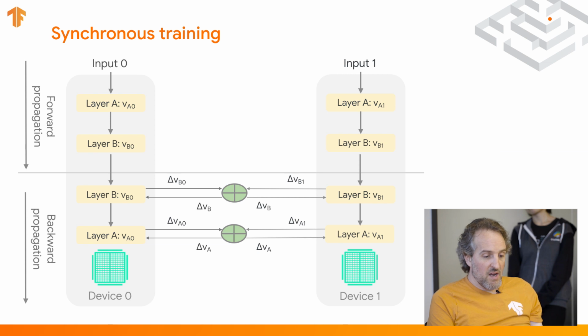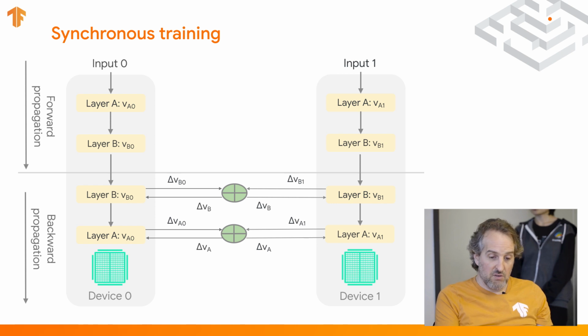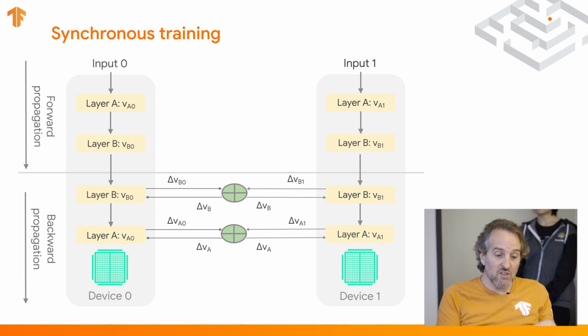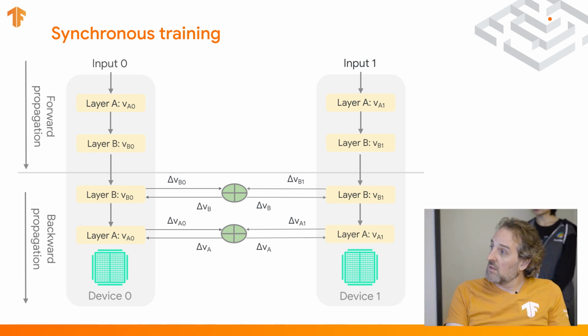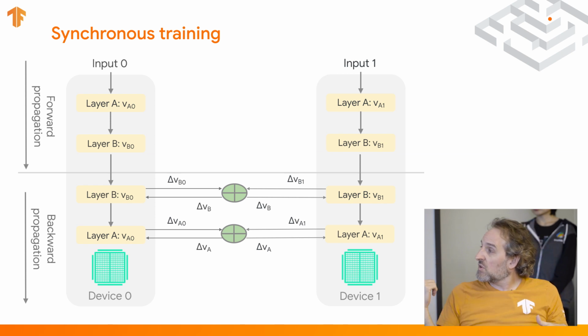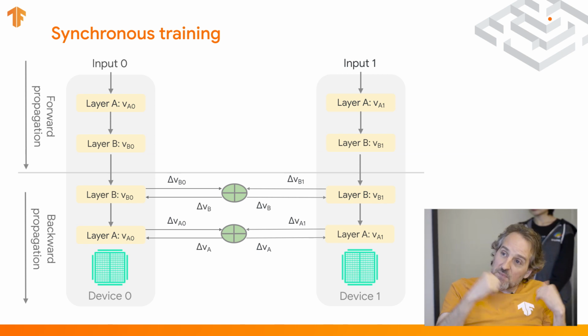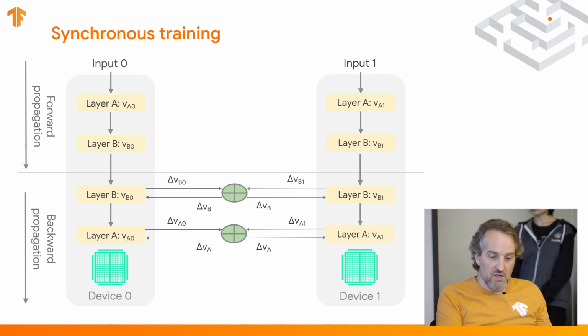Then in the backward pass, we again compute gradients using those local variable values. Then we take those gradients and aggregate them by using an all-reduce that communicates a single aggregated gradient value to all the replicas. Each replica then applies that gradient to its local variable. Since the all-reduce produces the same value in all the replicas, the updates are all the same, and the values stay in sync across all the different replicas.